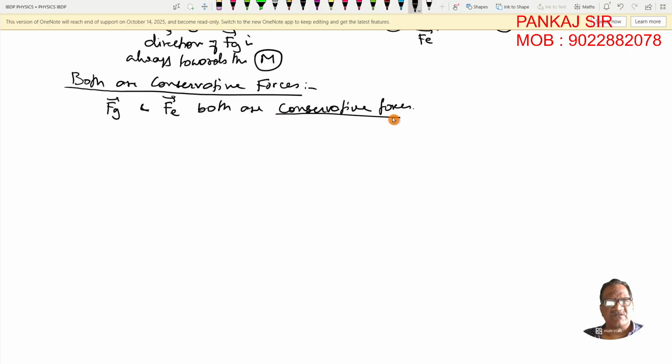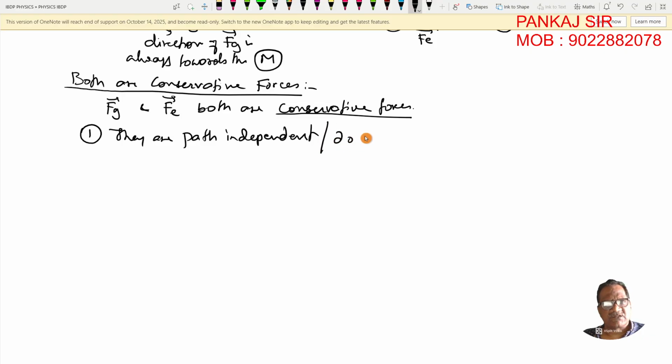So a very important point is that conservative forces are path independent. Or in other words, you can say they do not depend on the path.